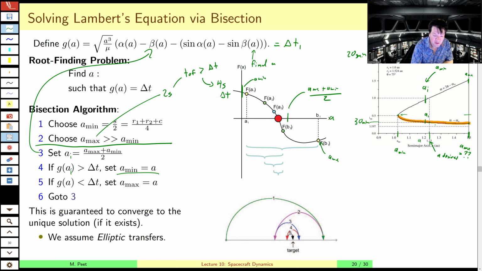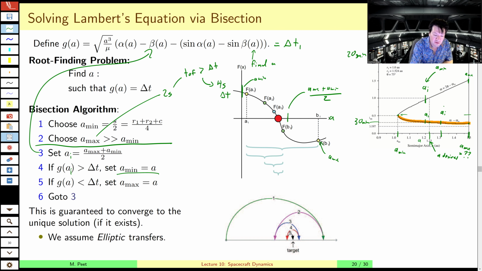Conversely, if your corresponding AI has a time of flight shorter than your desired time of flight, you know the correct value of A is to the left. I think I said that correctly before, hopefully.